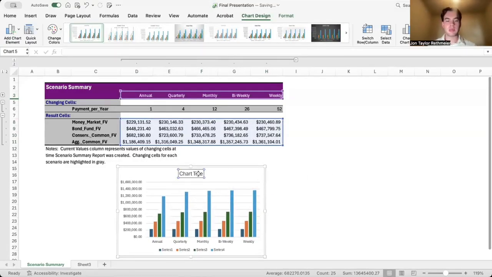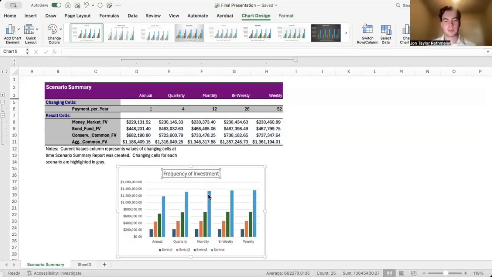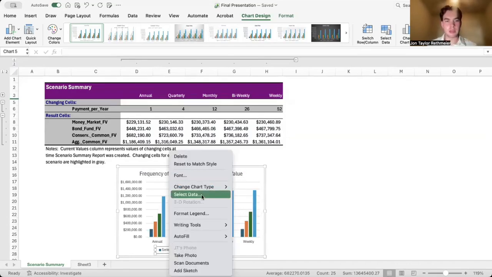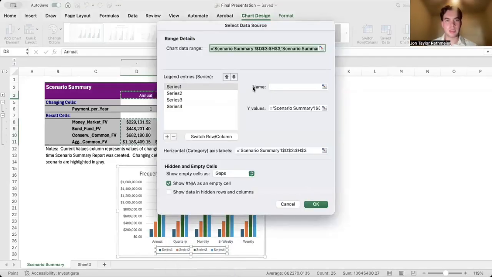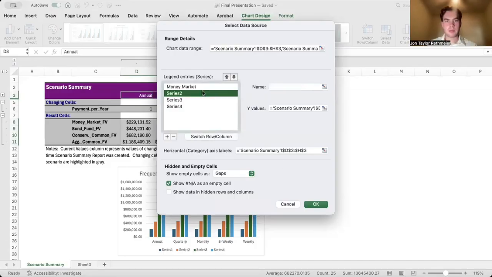And then this is going to be the frequency of investment and the future value. All right, and then we need to change these series names. We're going to go select data and go to money market. Then we're going to go bond fund.